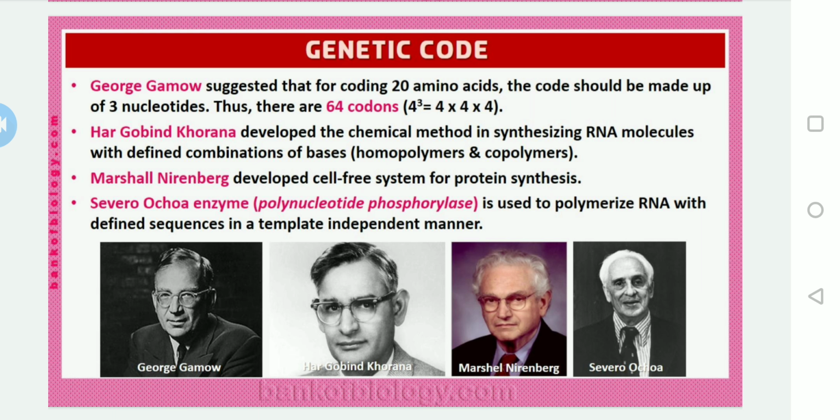There is another scientist who studied the genetic code and molecular biology, Severo Ochoa. His enzyme, popularly known as polynucleotide phosphorylase, is used to polymerize RNA with defined sequences in a template independent manner.